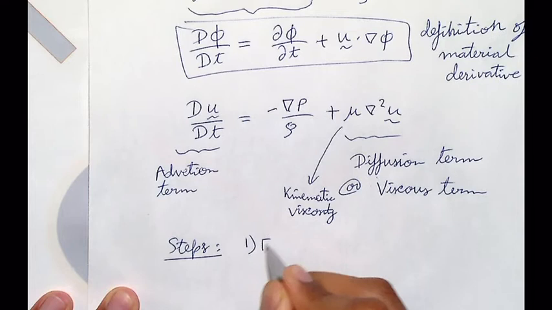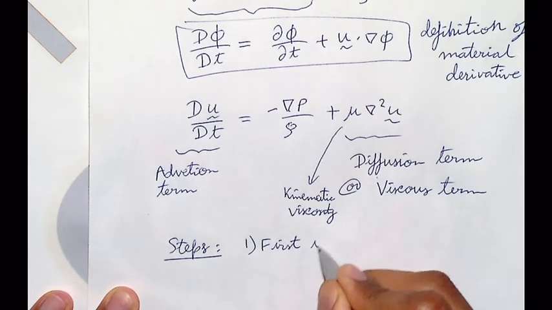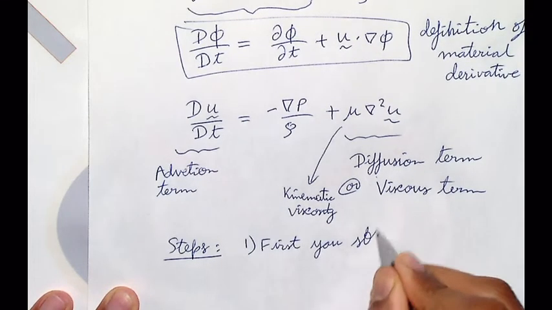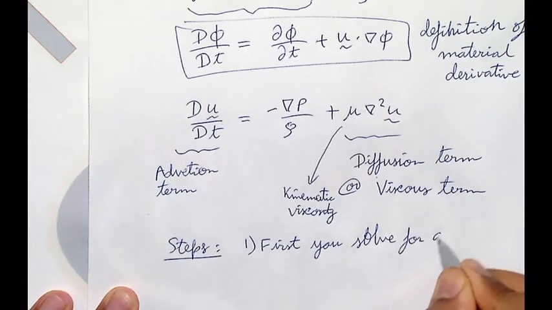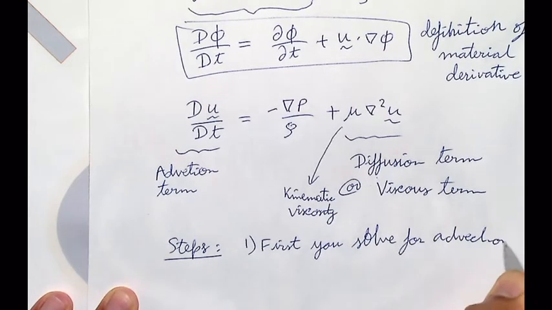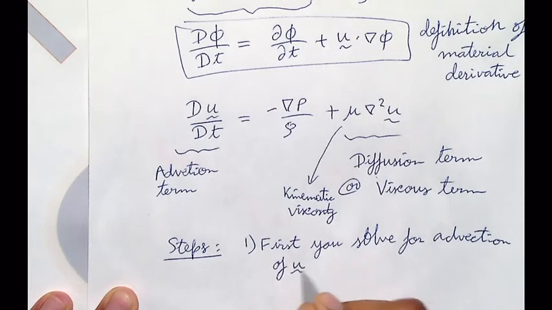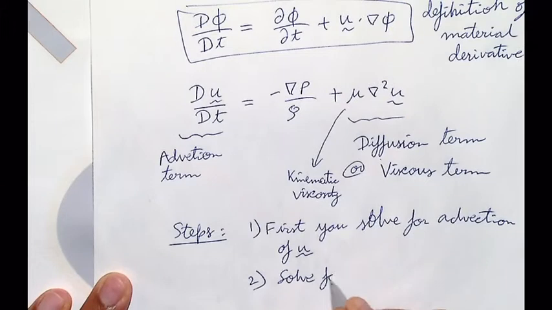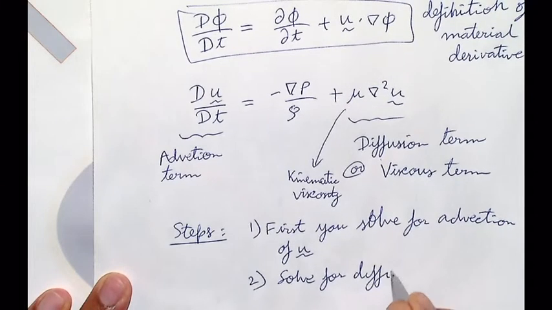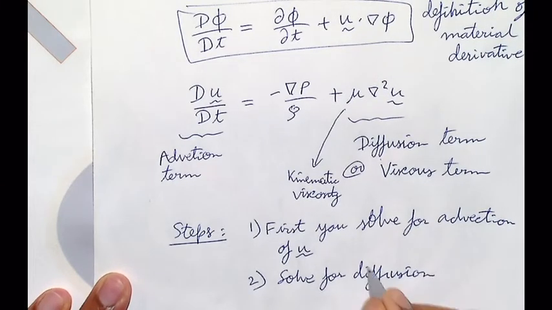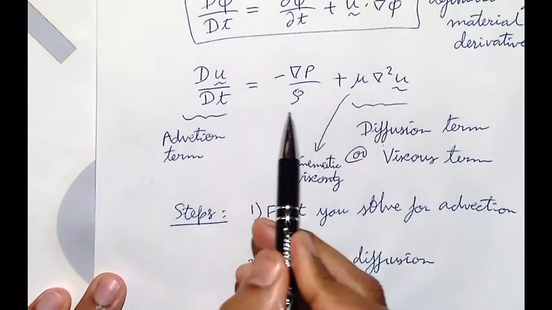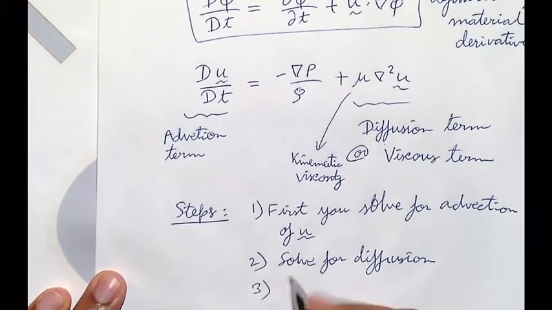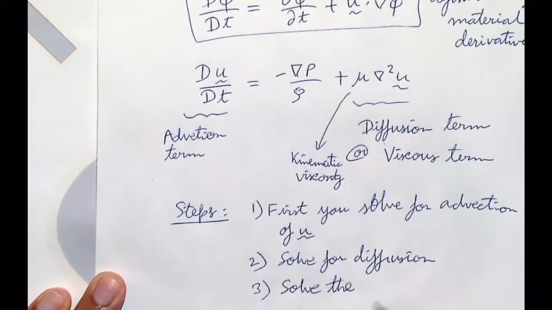First, you solve for advection of u, and then you solve for diffusion, and then the only term remaining is the pressure term. Then you take care of the pressure term. And we will see how we do this one by one.